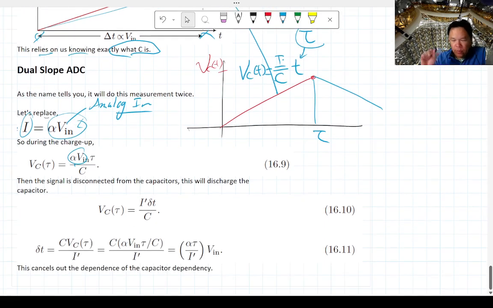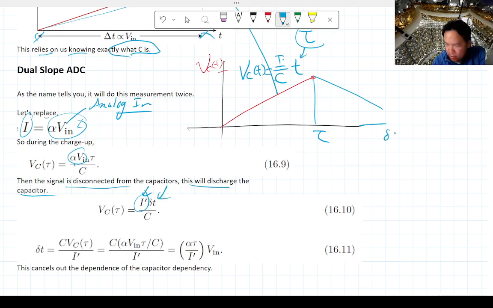Then what we do is we disconnect Vin from the capacitor, and now the capacitor is going to slowly discharge. When we discharge the capacitor, the current is not going to be the same, of course. We're going to call that I prime, and the amount of time we measure for is delta t.